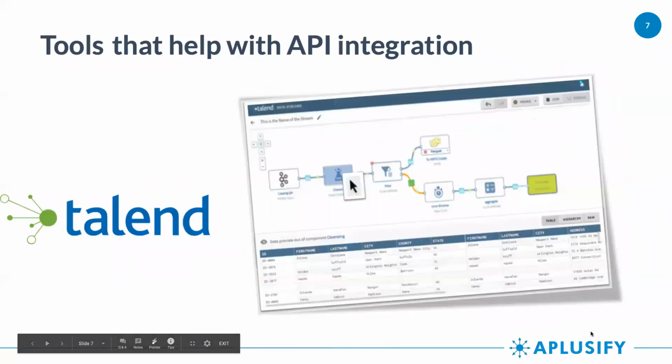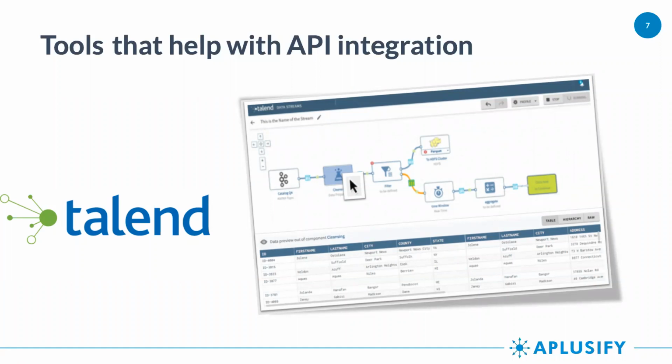Then if we talk about some open source tools, I would talk about Talend. It is an open source tool, so obviously it's cost effective. It has a very good ETL process.